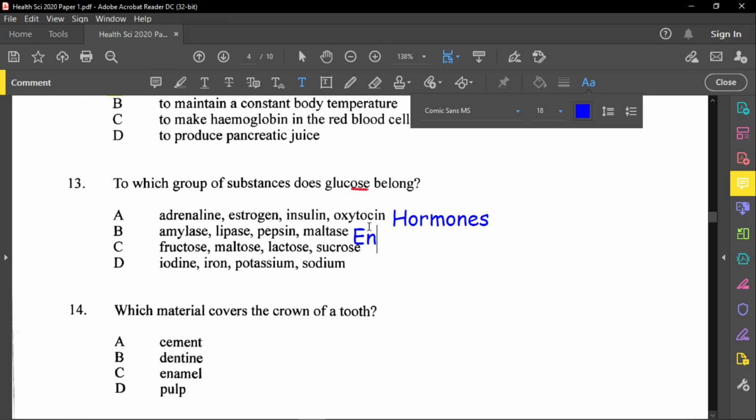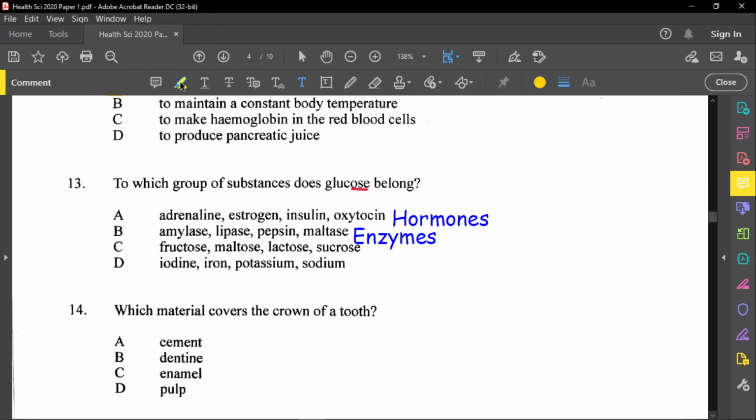Now sucrose, fructose, maltose, lactose are all sugars. Remember, sugars end with OSE, so glucose belongs to this group, and they're also carbohydrates.